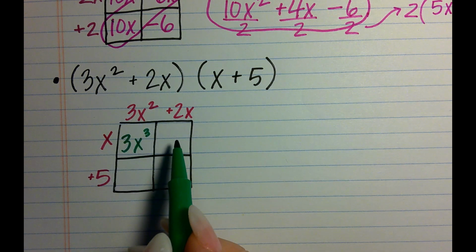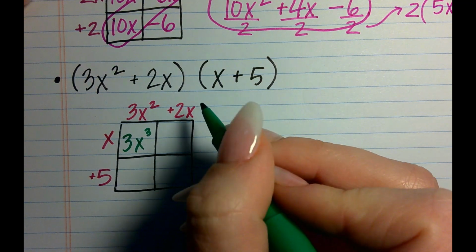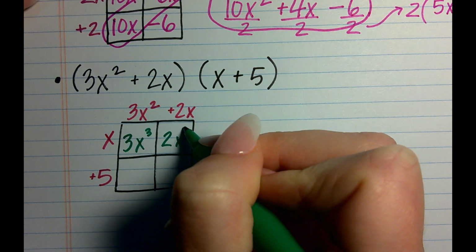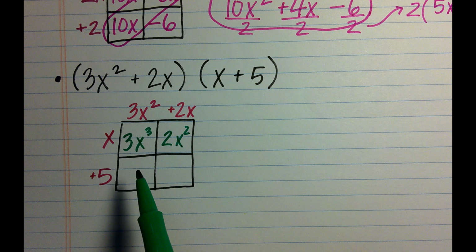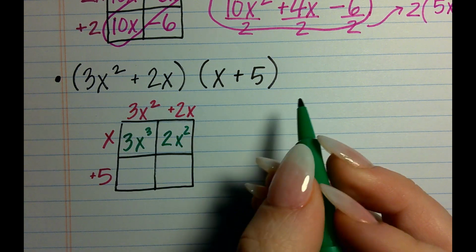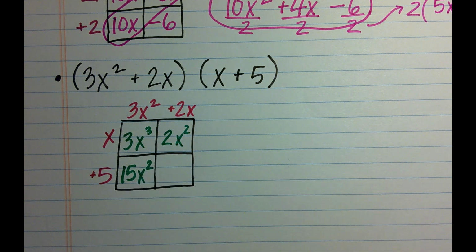Now go over to the right. What do I multiply here? X times 2x. Good. What does that give us? 2x to the second power. What next? 5 times 3x squared gives me what? 15x squared.